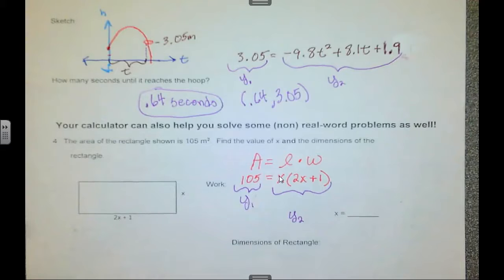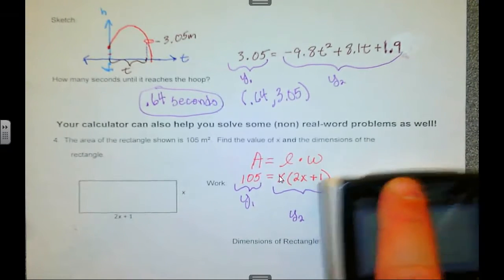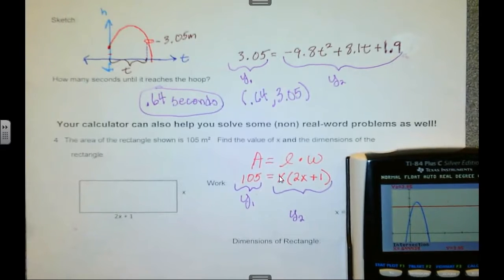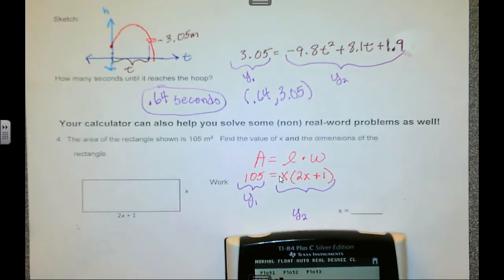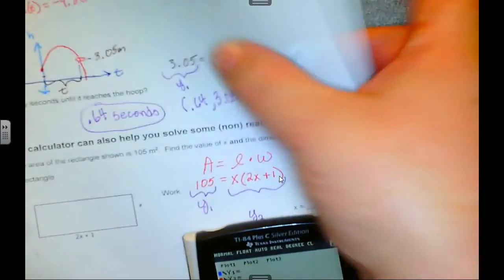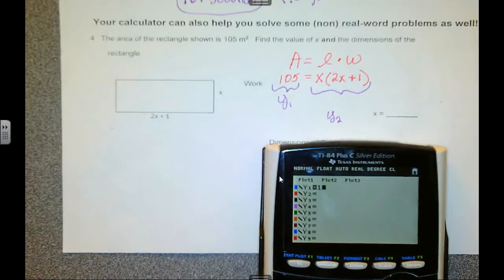You can either distribute it or put it in exactly like it is. So, let's clear out what we have. I have my y1, 105, and then in my y2 I'm going to put x times 2x plus 1.